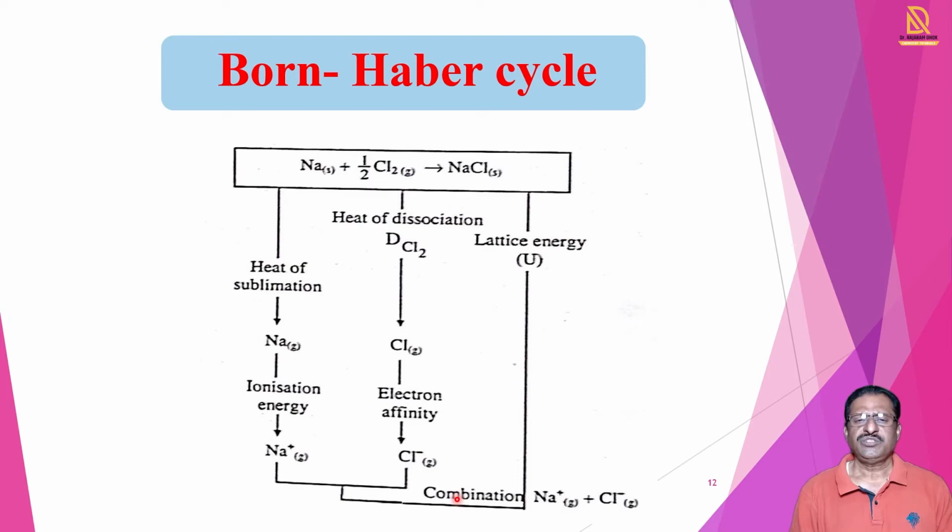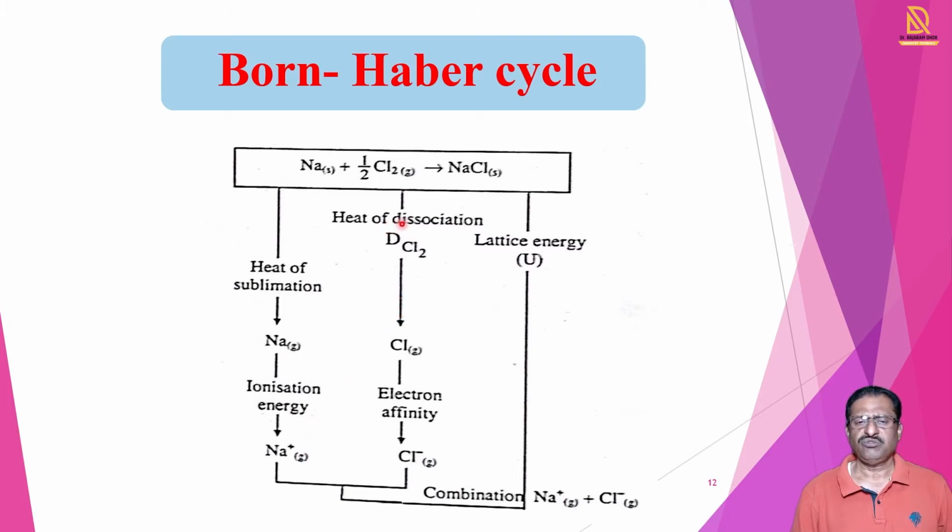So this energy is produced. Now we see all the 5 steps in the cycle, which we have already seen. This is the first step or direct reaction, Na solid plus one half Cl2 gas gives NaCl solid. Now the first step is the heat of sublimation, where Na solid is converted to Na gas. Na gas is converted to Na+ ion gas, that is the ionization energy.